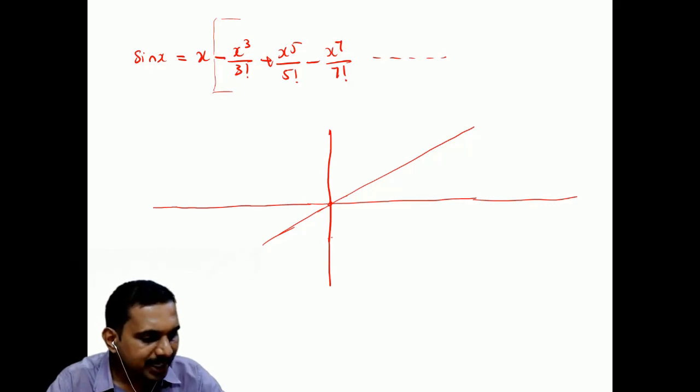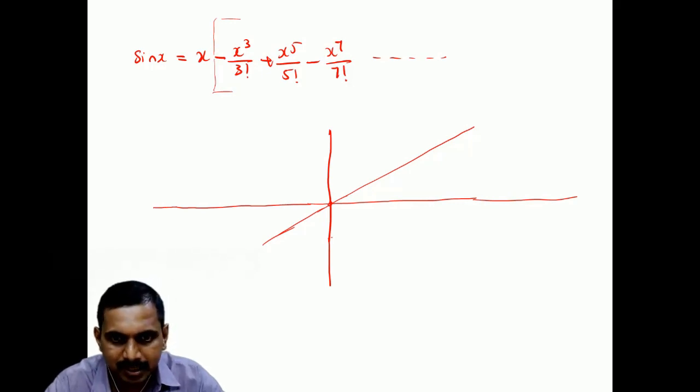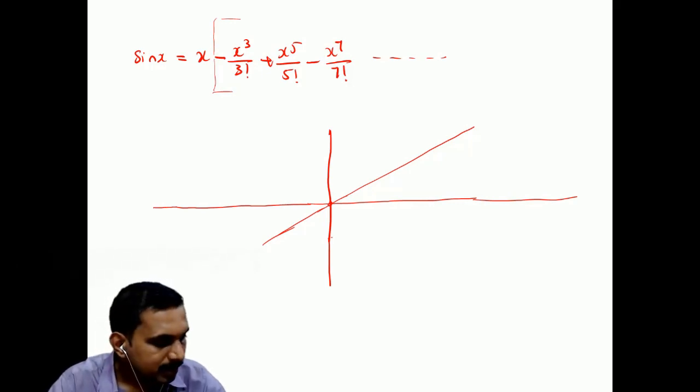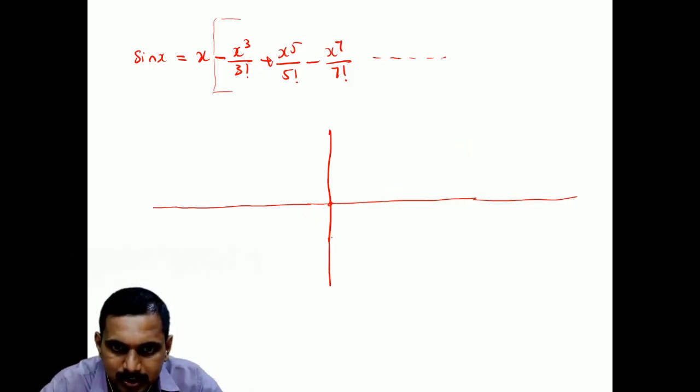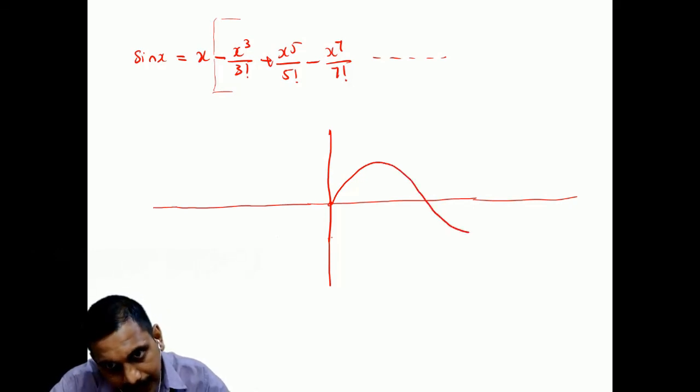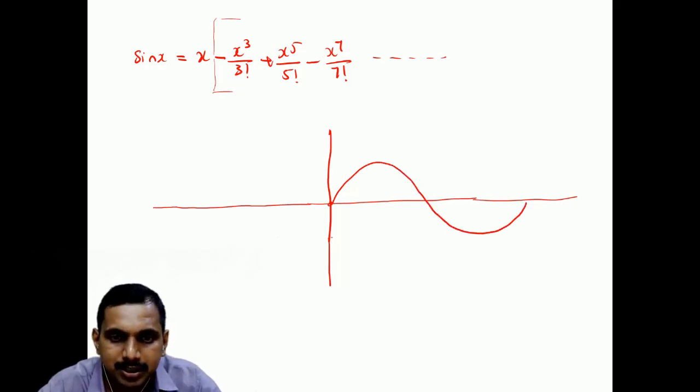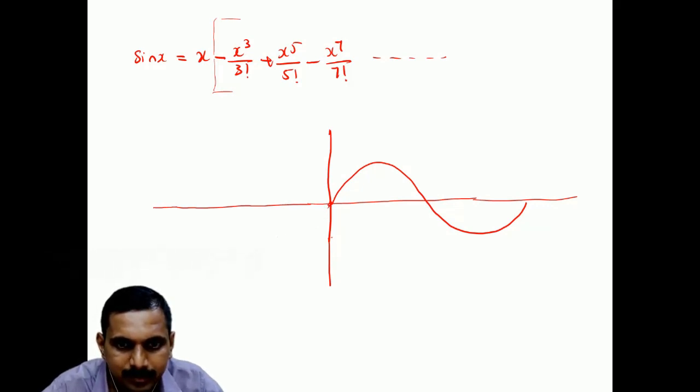Actually, if y is equal to sin x, it goes like this, students. This is about 45 degrees. So sin x is something like this, correct? This is sin x.